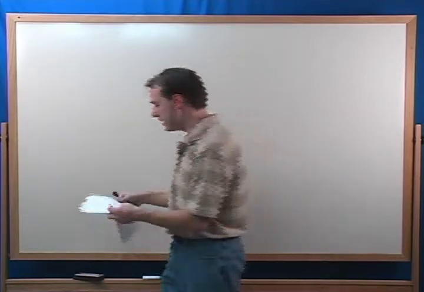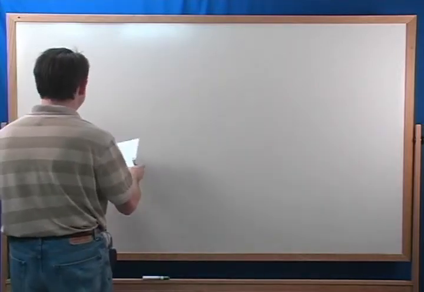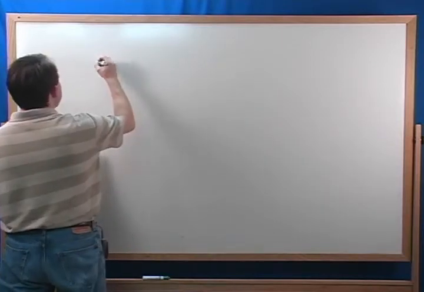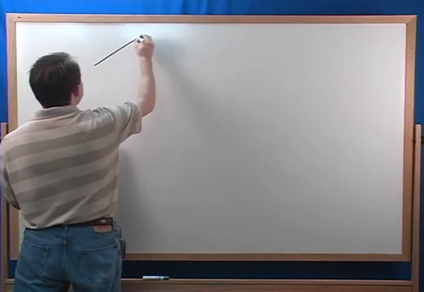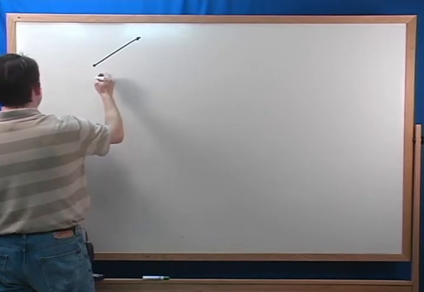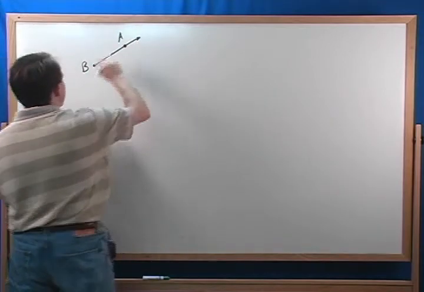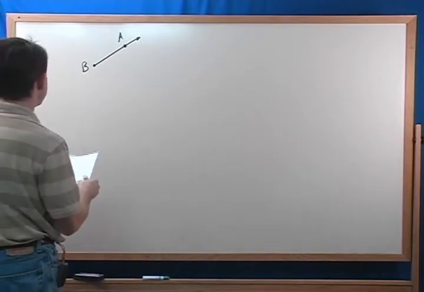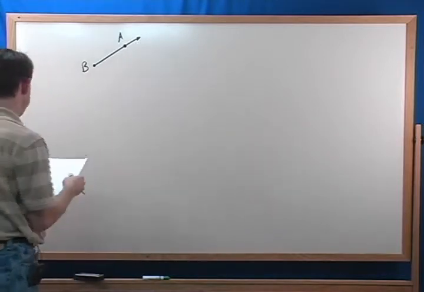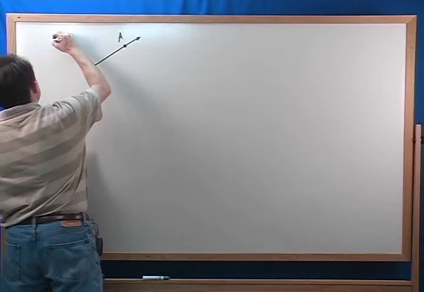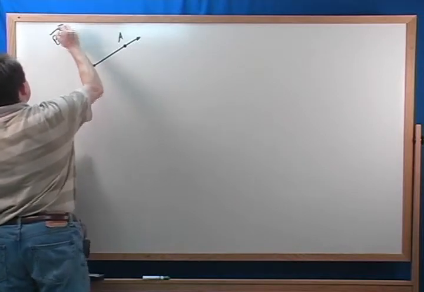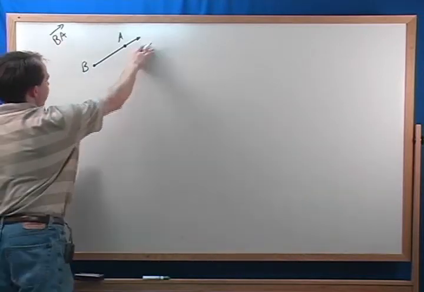But let me ask you this. If you had a ray, starting at point B and traveling through point A, and we talked about rays in the last section. This is ray BA. I'm just showing you how to write it, but this is the ray I'm talking about here.